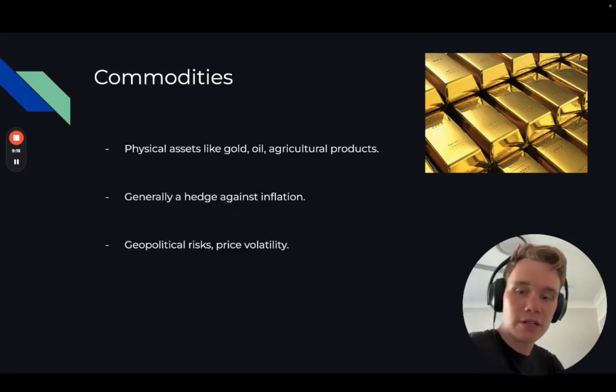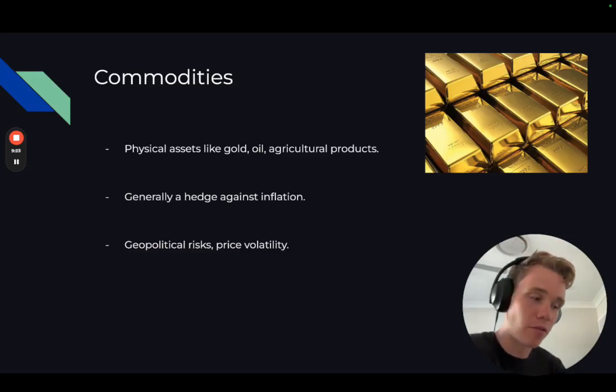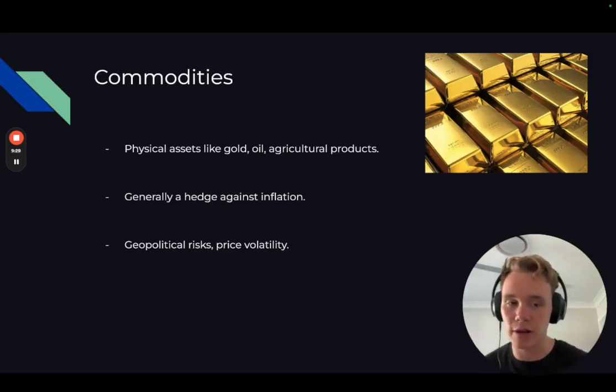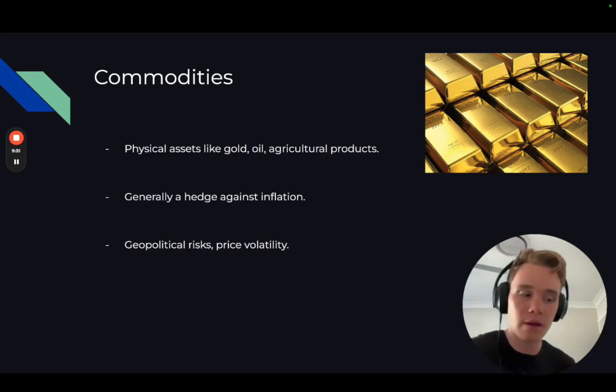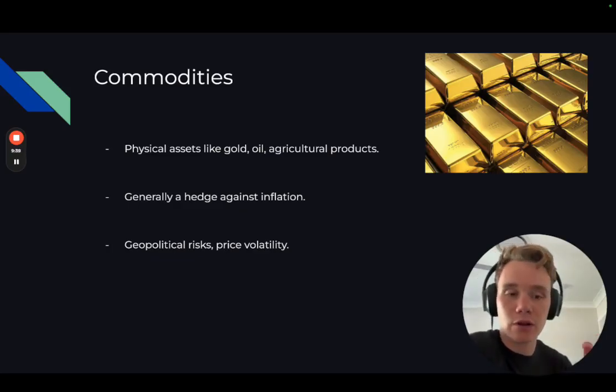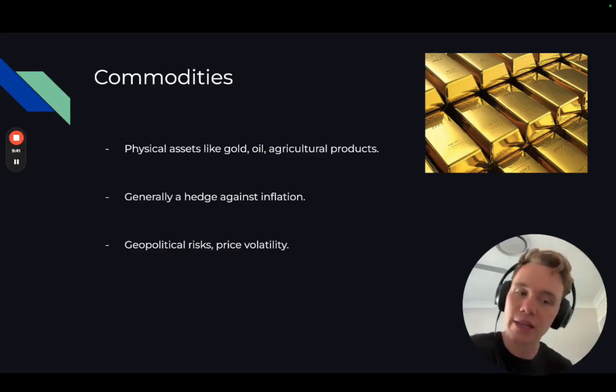Commodities are also very subject to geopolitical risks, which increases the price volatility. Especially during wars and times of uncertainty in the world, different agricultural products can be affected in different ways. Maybe there's a big fire on one of the big coffee farms, that can really affect the price points. But they also have a lot more of a real world correlation than the other markets.